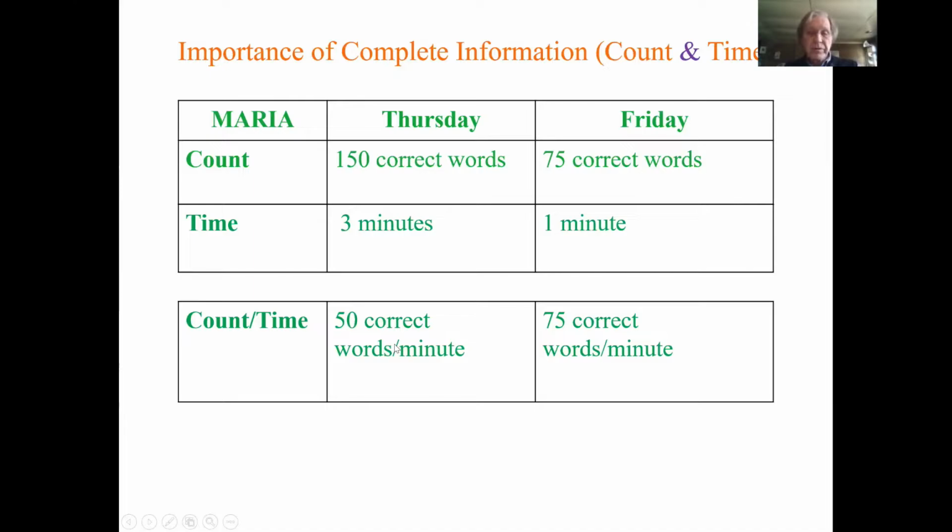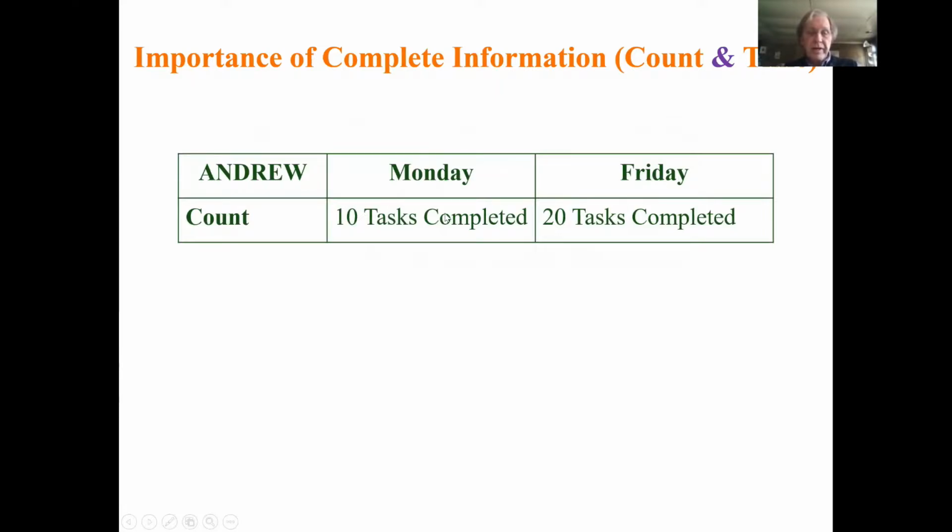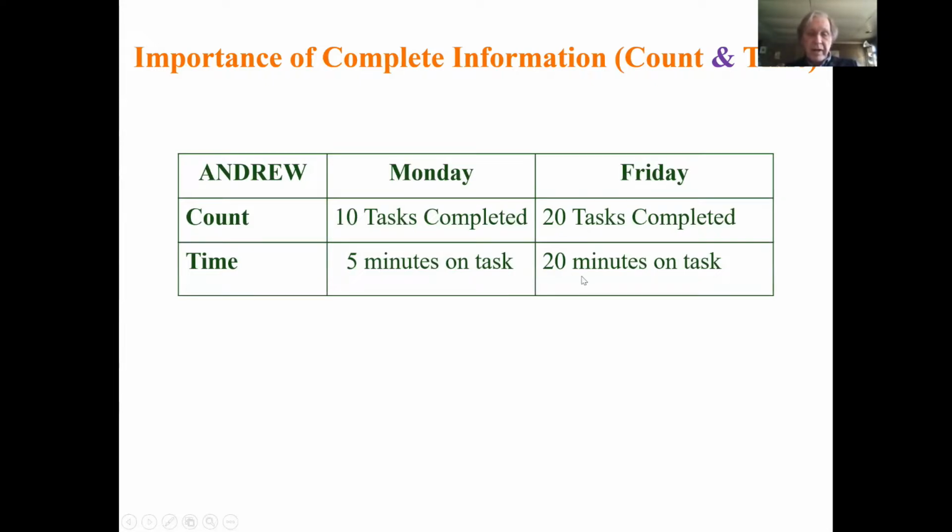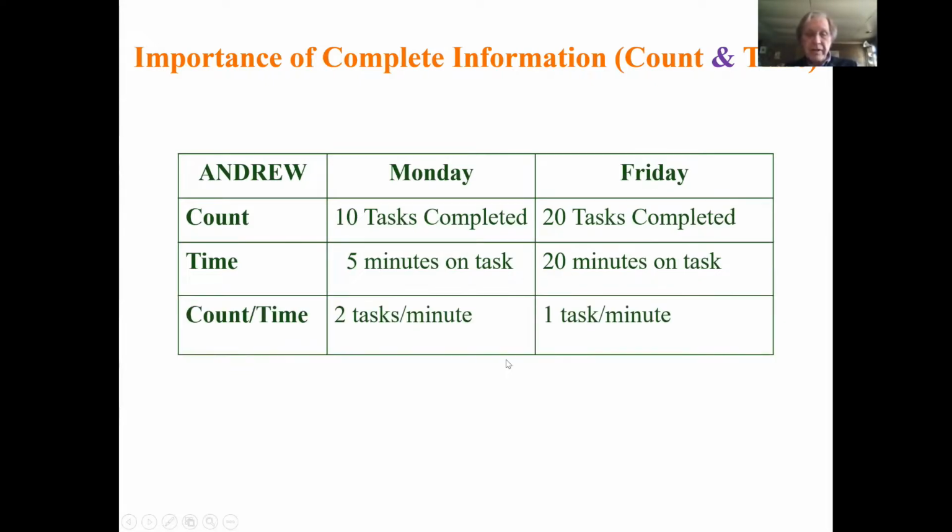So if you look at the words per minute, she actually read more words per minute on Friday than on Thursday. And here's Andrew, who had 10 tasks completed on Monday and 20 tasks completed on Friday. But he was 5 minutes on task Monday and 20 minutes on task Friday. So his tasks per minute were 2 on Monday and only 1 on Friday. That emphasizes the importance of complete information, both count and time.